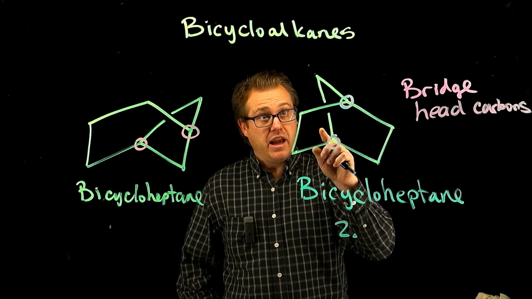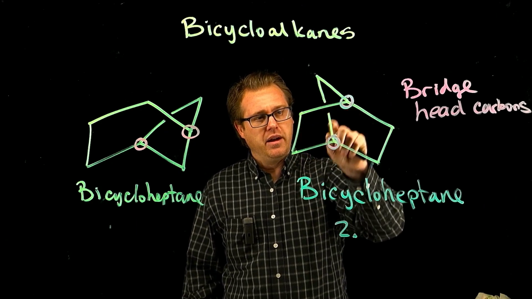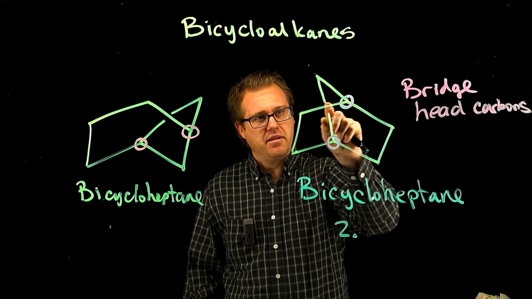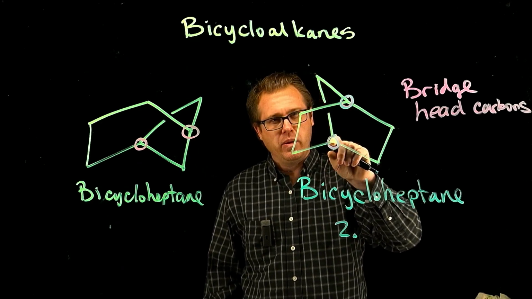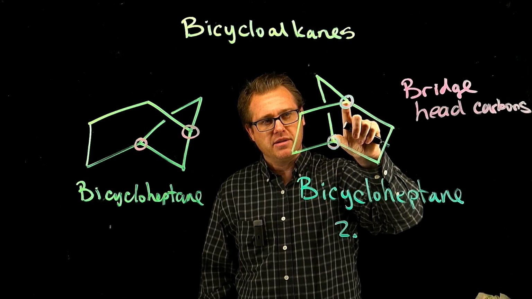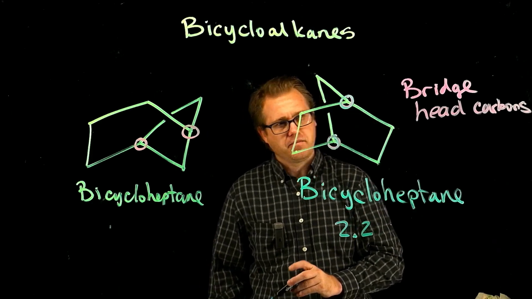Now, what if I count the other way? There's going to be 1, 2, 3, okay? There's that path. You see that? Now, how many carbons are in between the 2 bridge carbons? There's 1, 2. So there's another 2.